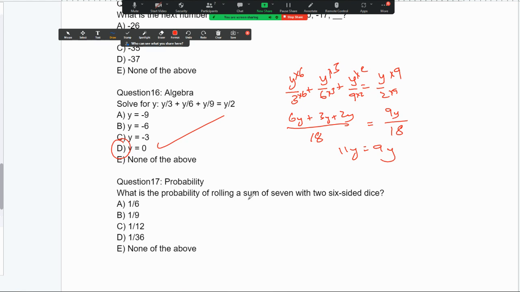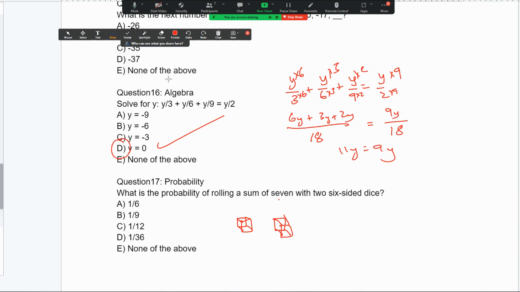What is the probability of rolling a sum of 7 with two 6-sided dice? And the probability of rolling a sum of 11.